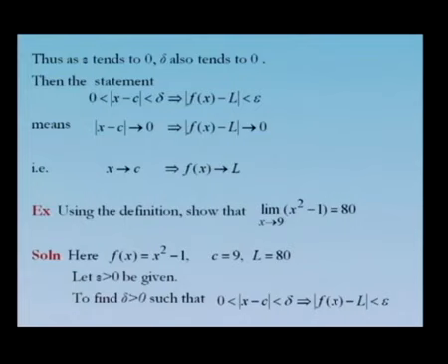We have to prove this. First we choose some positive epsilon, and we have to find a positive delta such that if |x − c| is less than delta and greater than 0, then |f(x) − L| is less than epsilon.